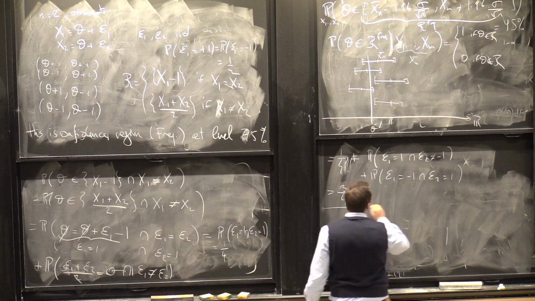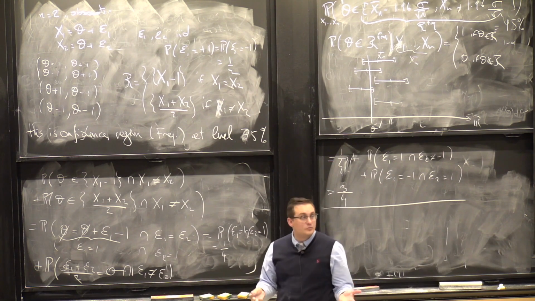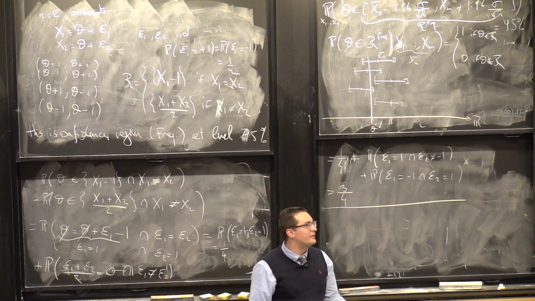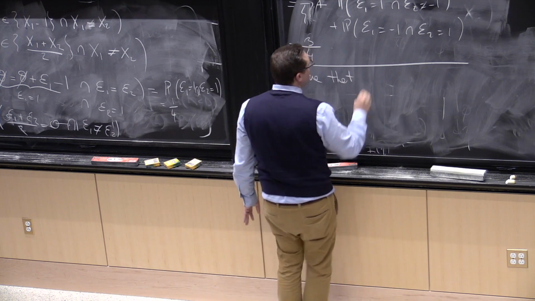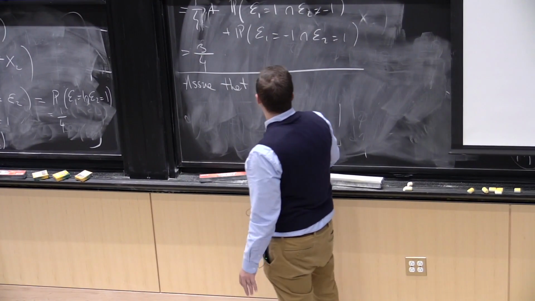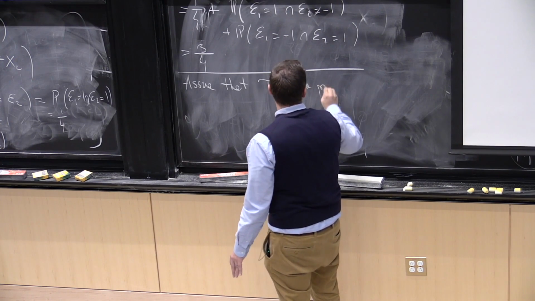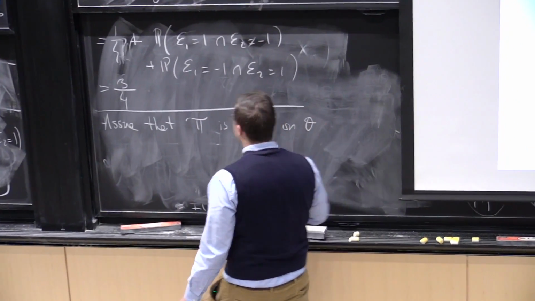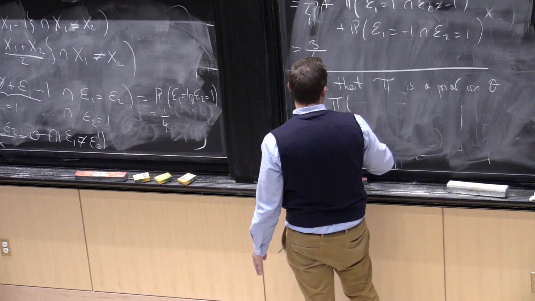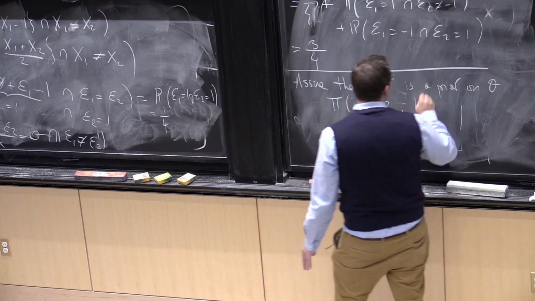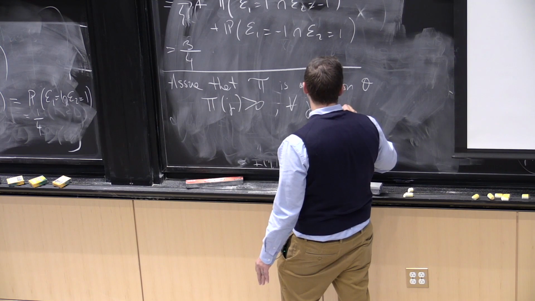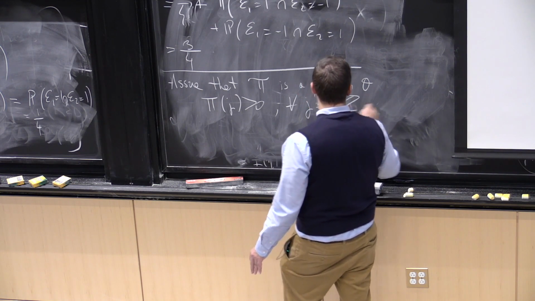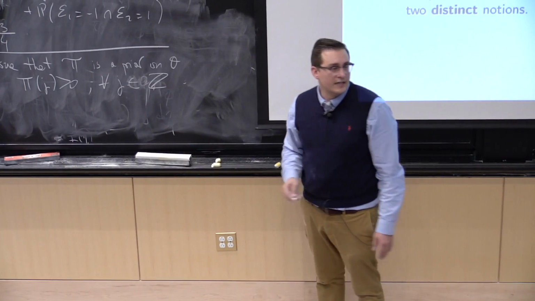So if I want to build a Bayesian confidence region, I'm going to have to put a prior on theta. So without loss of generality, let's assume that pi is a prior on theta, and let's assume that pi of j is strictly positive for all j in the integers, positive or negative.